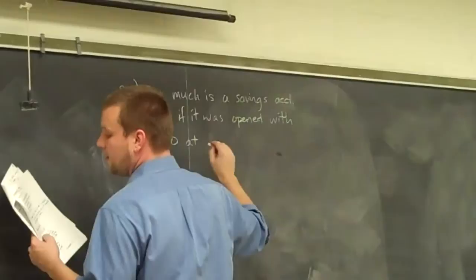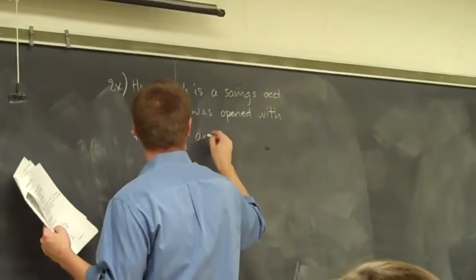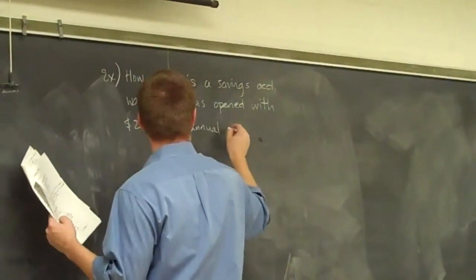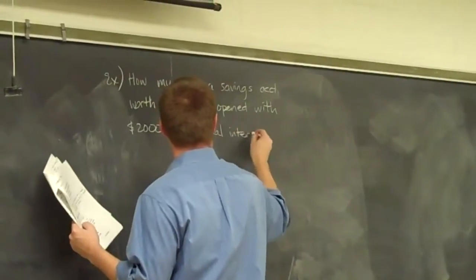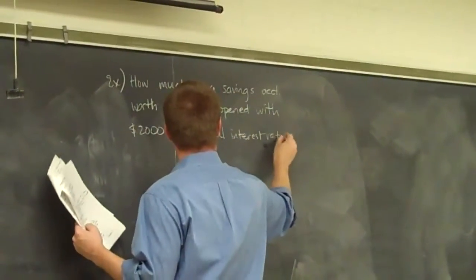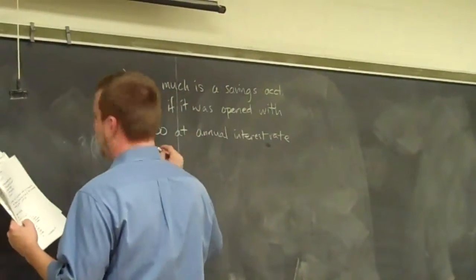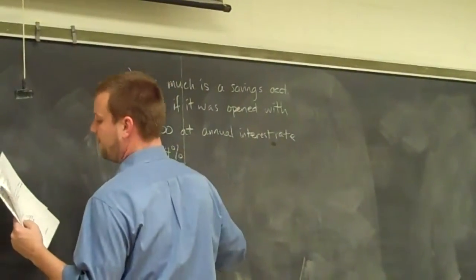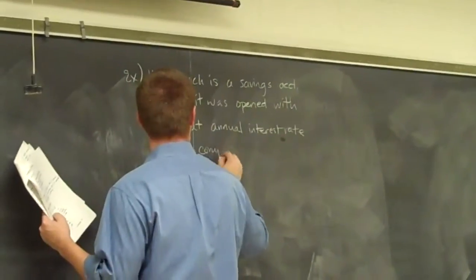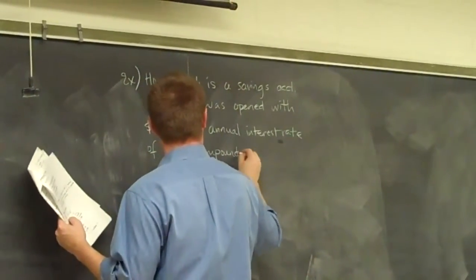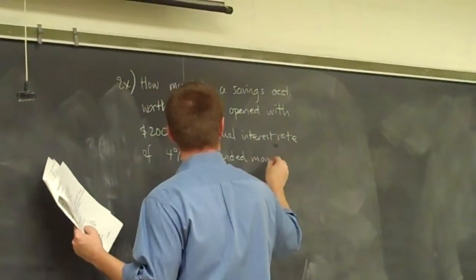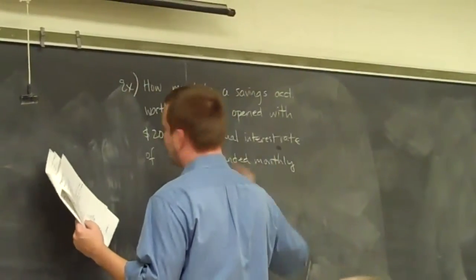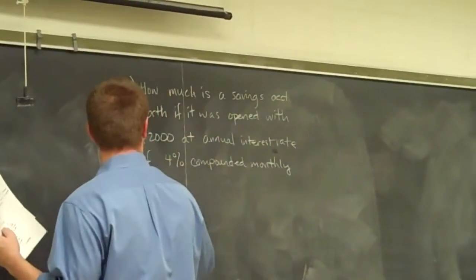But if it was opened with $2,000 at an annual interest rate of, we're going to be generous, 4%, compounded monthly, 3 years ago?